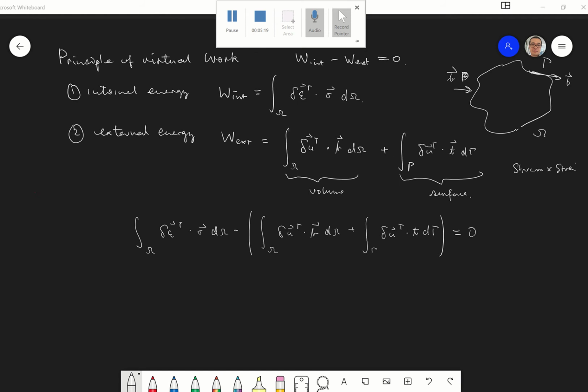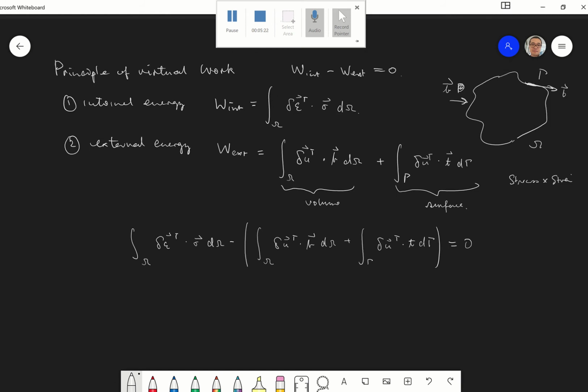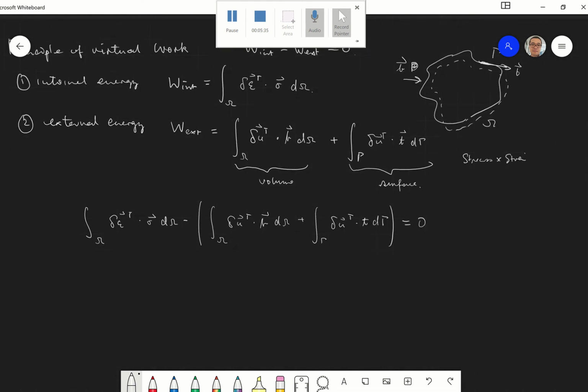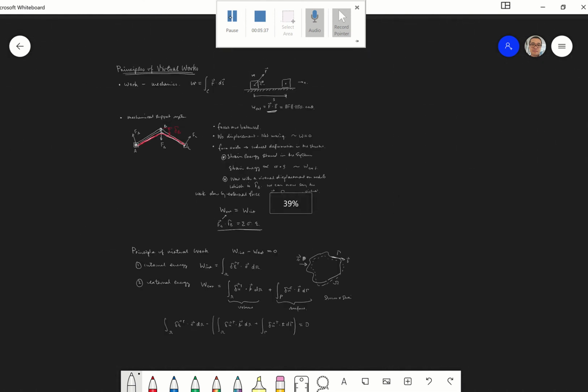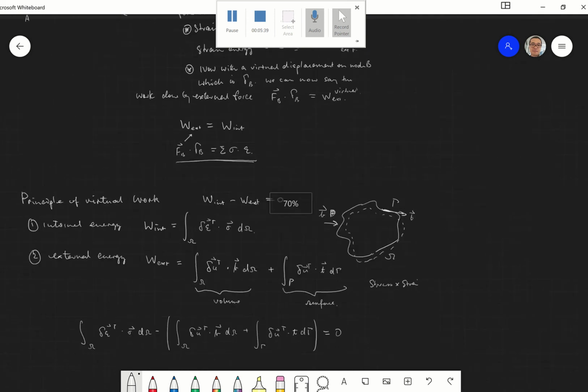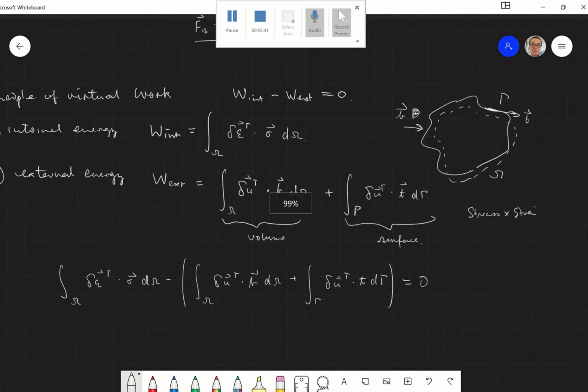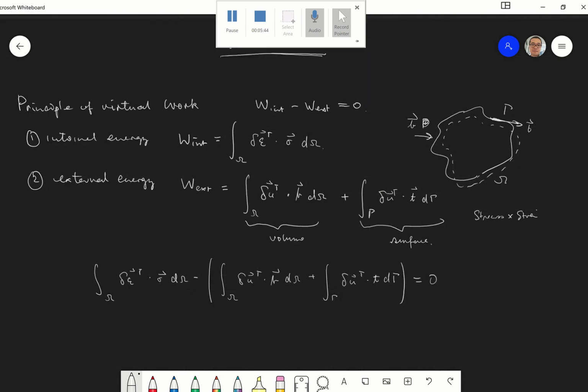So what you can think of is that you have some external forces that virtually displace the body to a new shape, shown by this dashed line. So you have some sort of deformation here, delta u.